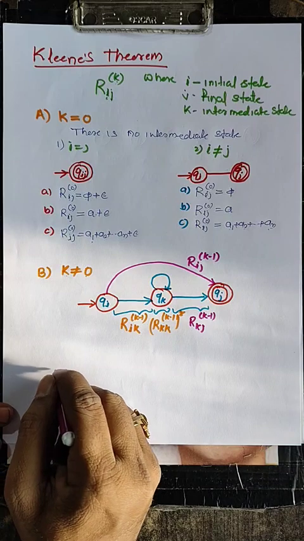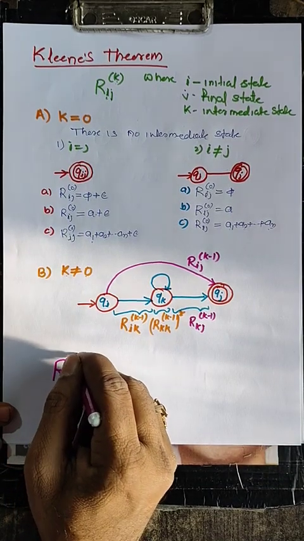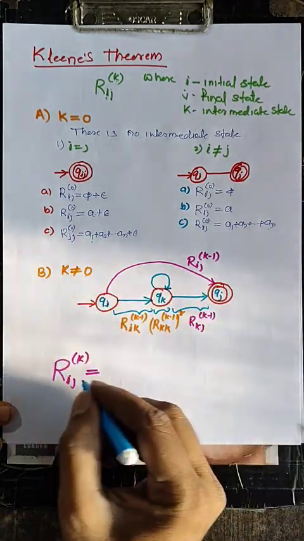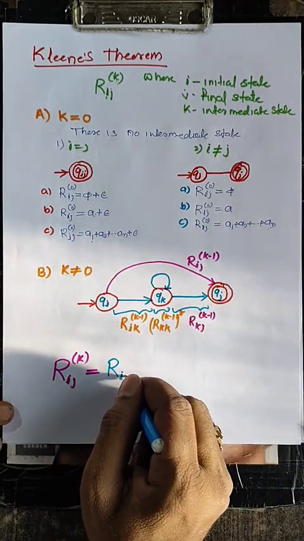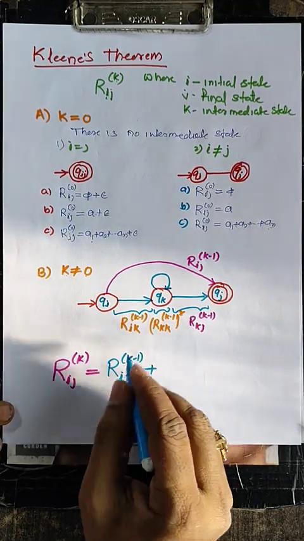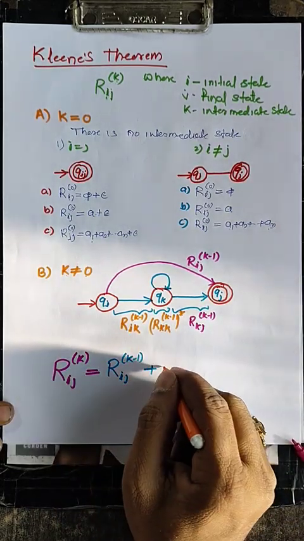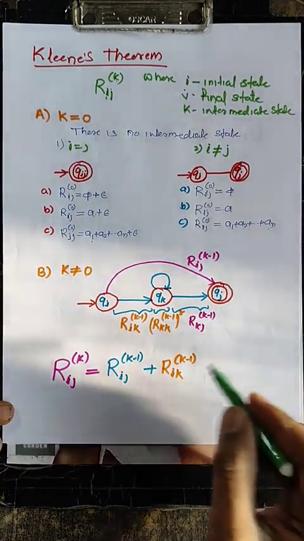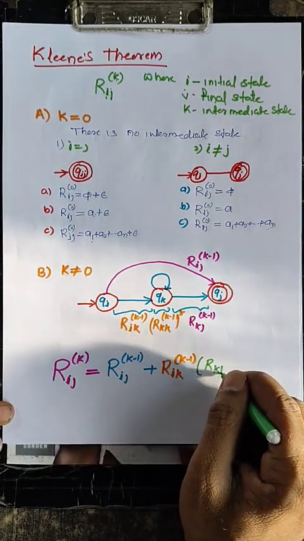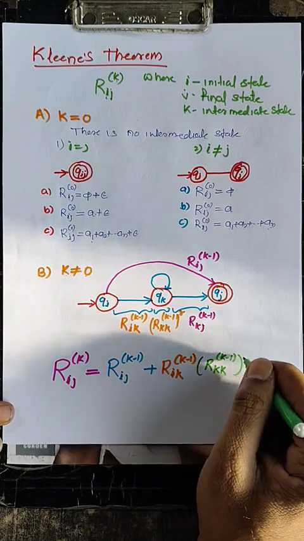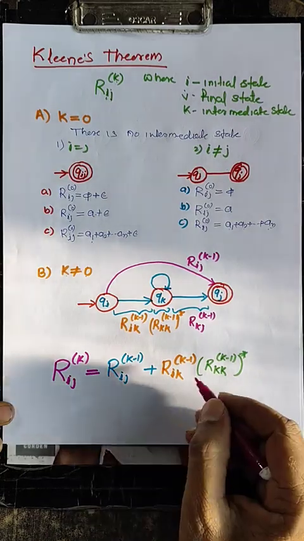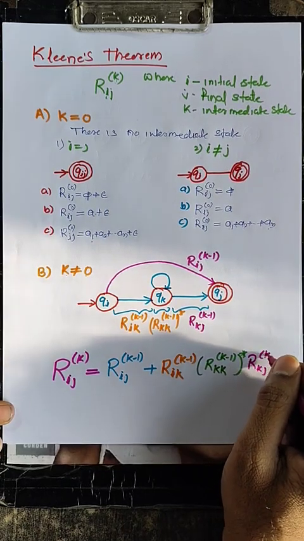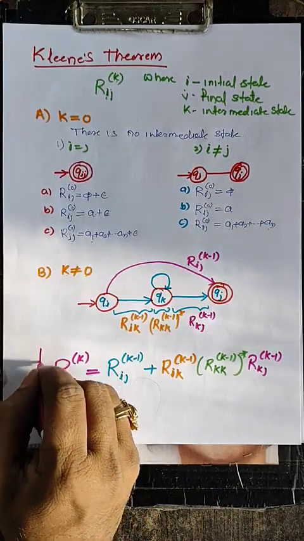Using this we can prove the formula. R_ij^k equals the direct transition R_ij^(k-1), or the path up to the intermediate state, R_ik^(k-1), then the self loop on the intermediate state, R_kk^(k-1) in brackets to the power star, then the next transition from k to j, R_kj^(k-1). Using Kleene's theorem you can prove this formula.